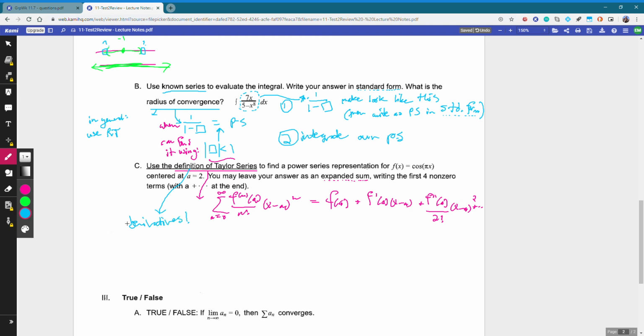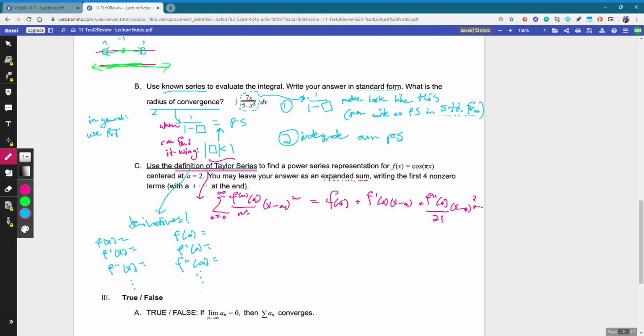We're going to want to start with, what is our f of x, and then our f prime of x, and our f double prime of x, f triple prime, etc. And then we'll want to see what we get when we plug in our center to all of these things. F double prime of a equals something.